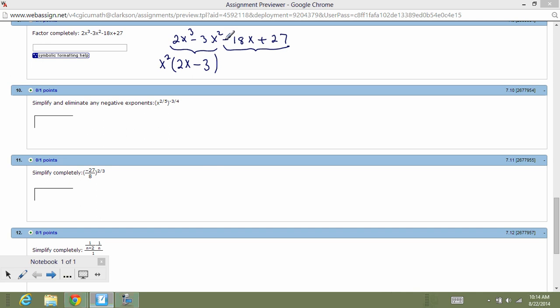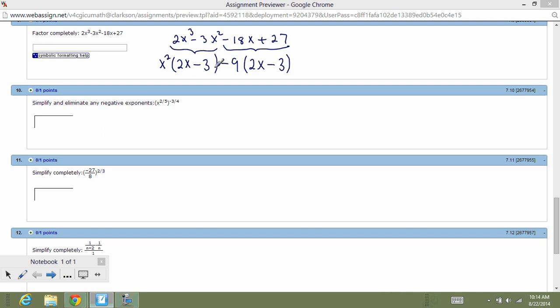And now as I look at the second pair, the third term and fourth term, first of all, I notice the third term is a negative 18x, so I'm going to factor out a negative. And 18x and 27, greatest common factor there would be a 9. So I divide each term by negative 9. And negative 18x divided by negative 9 is going to be 2x. And 27 divided by negative 9 is going to be negative 3.